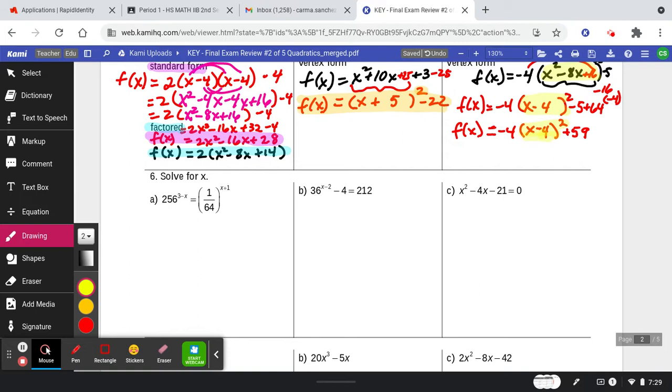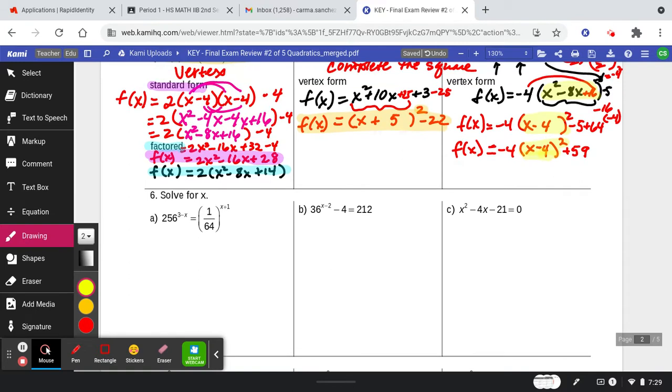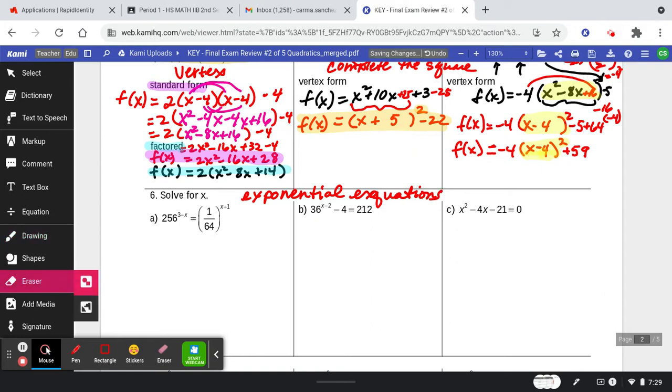How'd you do? Okay, down here at the bottom is solving all kinds of equations, no matter what kind. These first two that we're giving you are called exponential equations. The reason I know they're exponential equations is because the x is in the exponent.